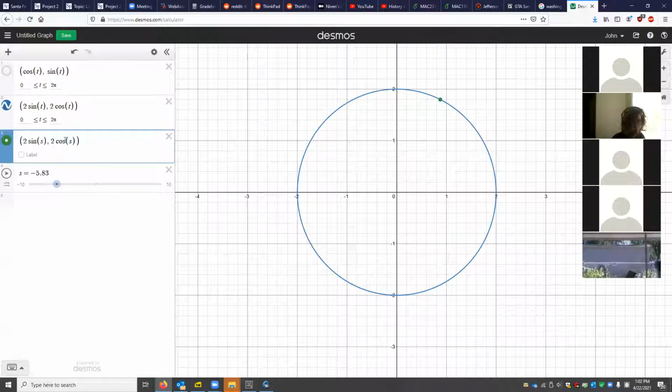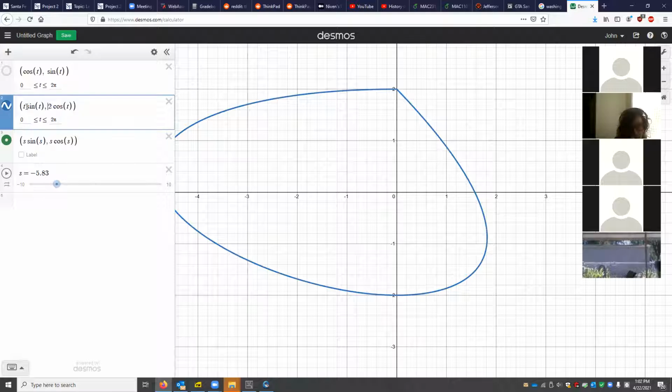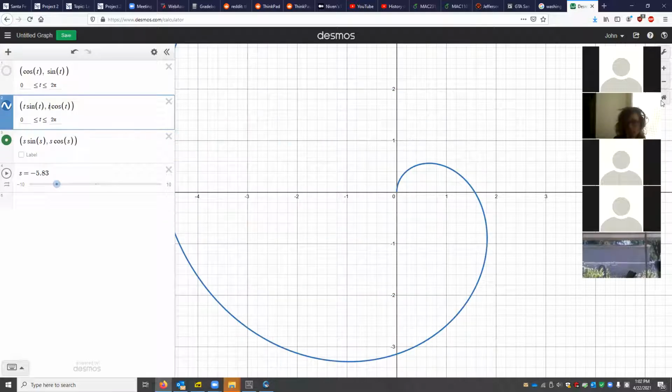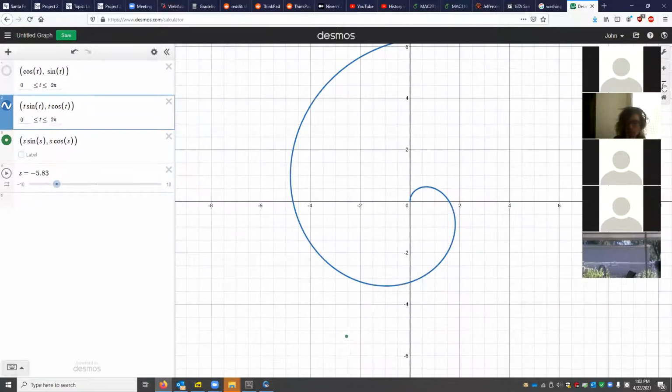If I multiply by any number in both coordinates, I'll change from the unit circle to the circle of radius that number. But what if I multiply by t? Well, then I have a circle whose radius grows as we go around. That's a spiral.